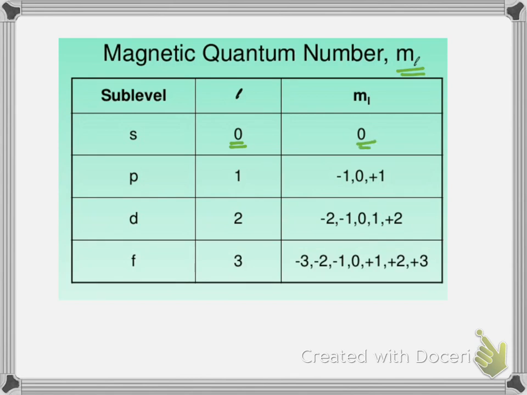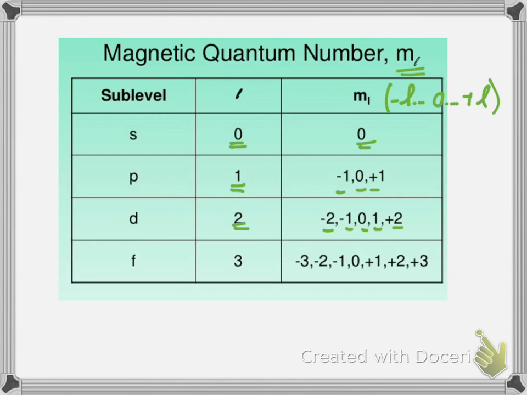If I have l equals 1, m sub l can be minus 1, 0, or plus 1. So m sub l will go from minus l to 0 to positive l. If l is 2, then m sub l is minus 2, minus 1, 0, 1, 2.